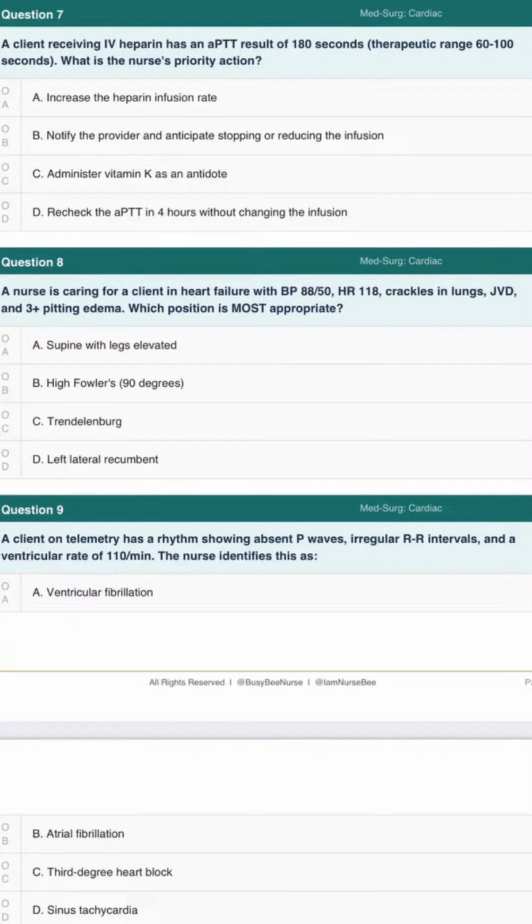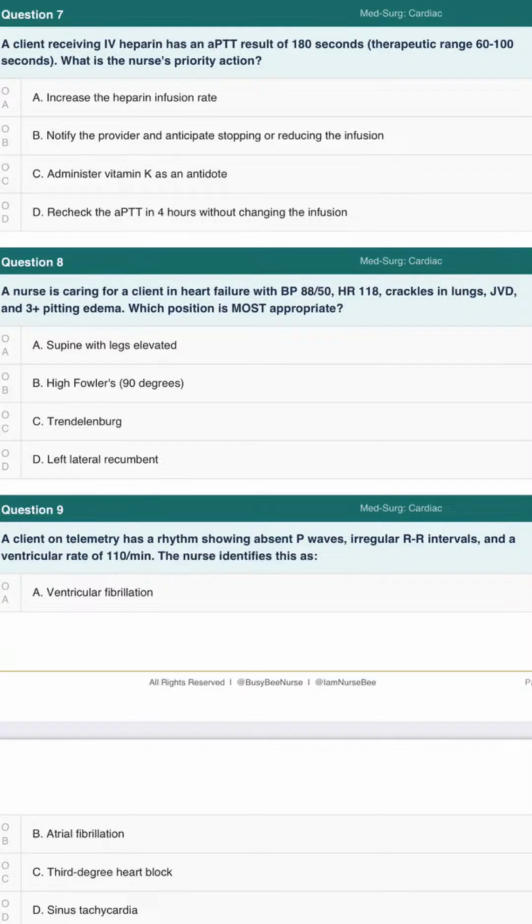In this case, the answer would be B, high Fowler's, 90 degrees. Okay? Very, very, very important. The rationale behind this is that high Fowler's position, where the head of the bed is 90 degrees, uses gravity to reduce venous return to the heart. So the patient already has fluid overload going on.